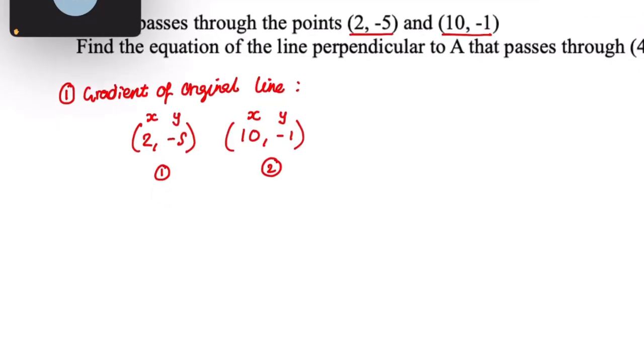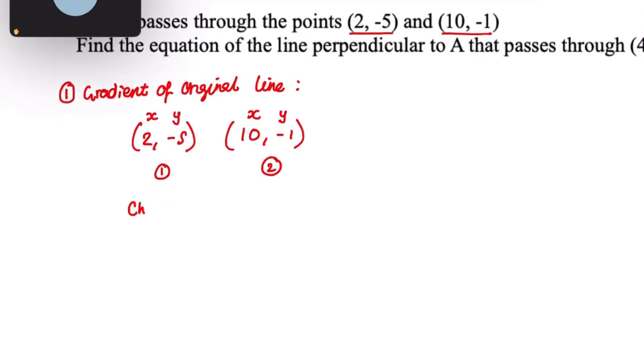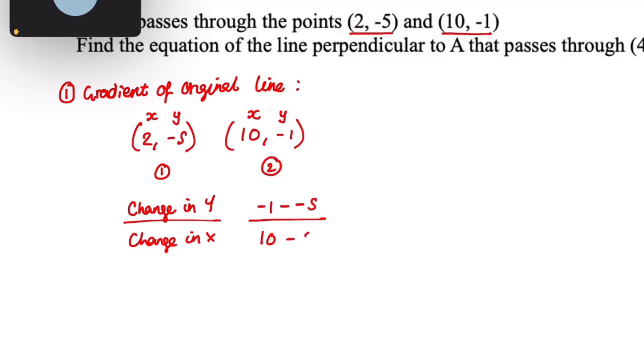So all we're going to do is the change in y divided by the change in x. So we do the second coordinate subtract the first coordinate, and the same for the x. So minus 1 minus 5 over the change in x, 10 minus 2.